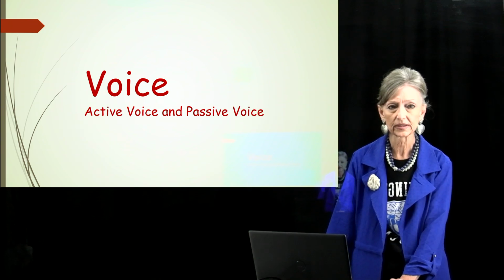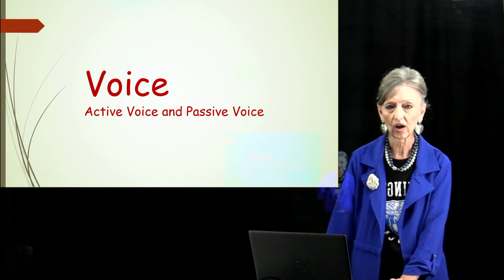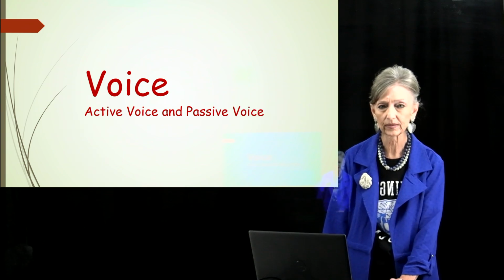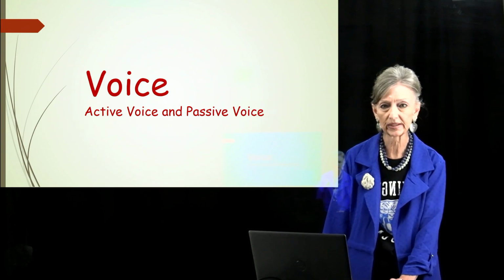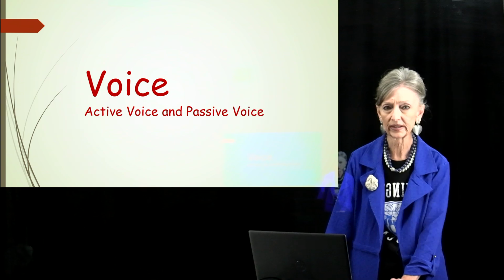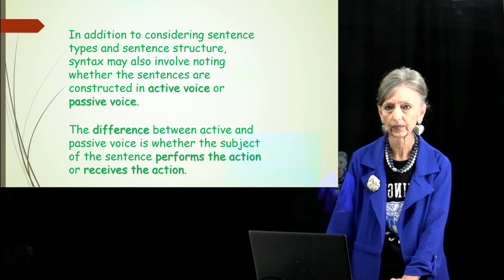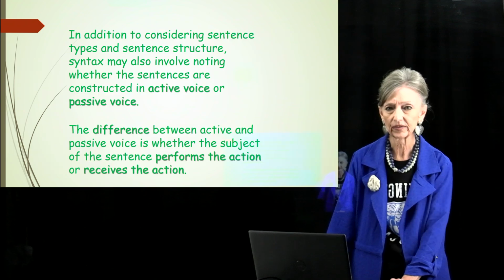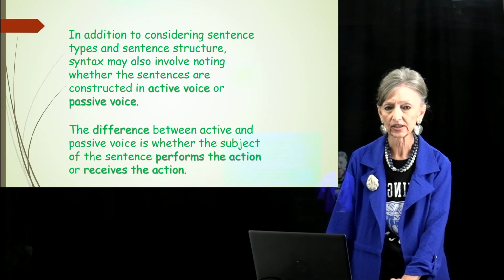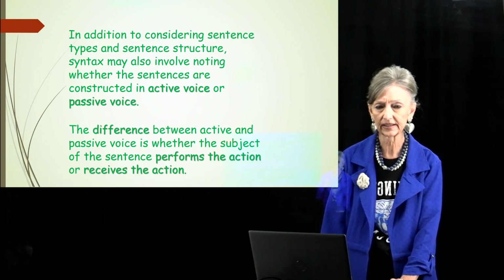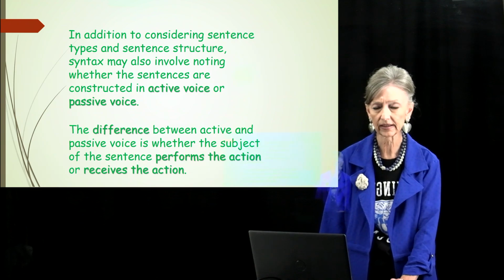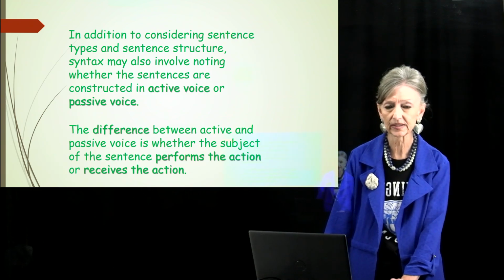Syntax involves sentence types, sentence construction, and it also involves voice. There are two types of voice we need to talk about, active voice and passive voice. The difference between active and passive voice is whether the subject of the sentence performs the action or receives the action.